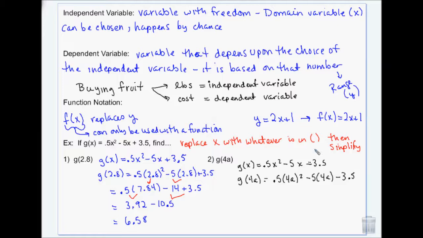Okay, remember when I have an exponent outside and I have more than one inside, I have to square both. So that's 16a squared minus 20a minus 3.5. And then I multiply and I get 8a squared minus 20a minus 3.5.